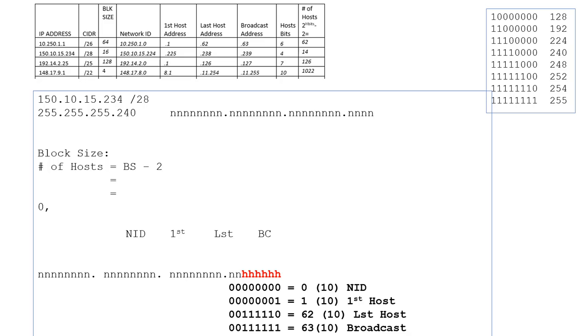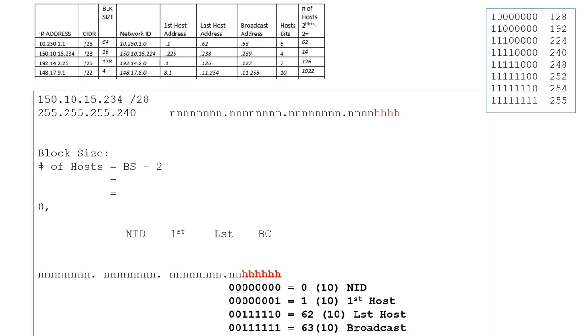And then the remaining are going to be my host bits. So as you can see, I've got 4 host bits. We'll just turn those to red. Okay, all right. Now I need to come up with some blocks here.